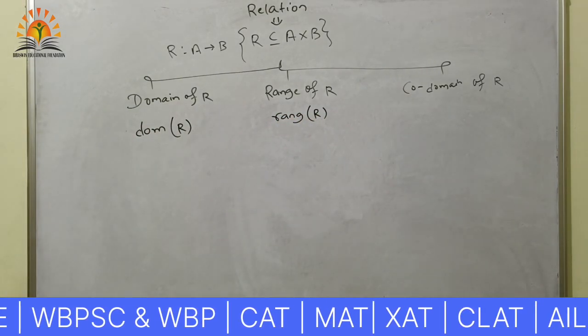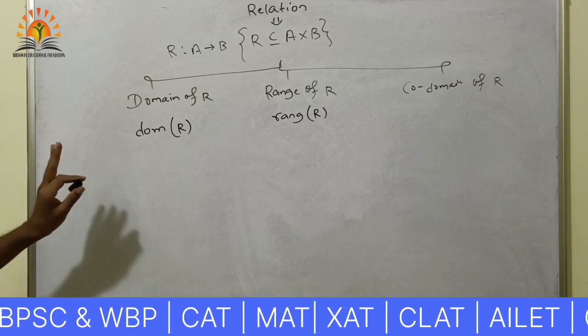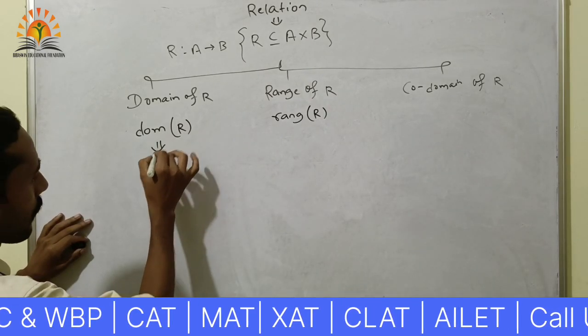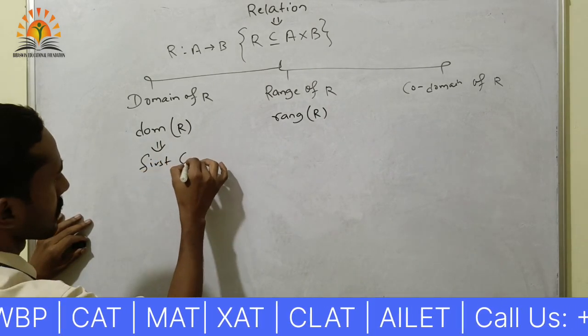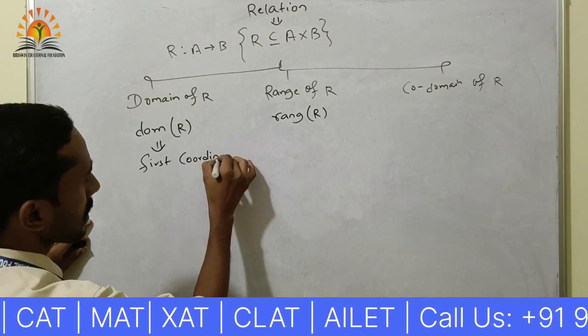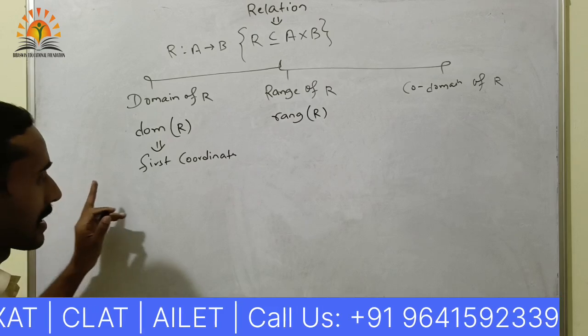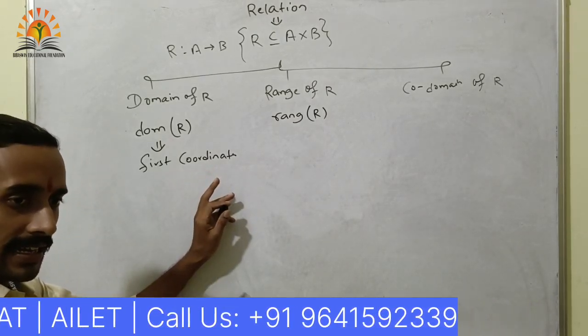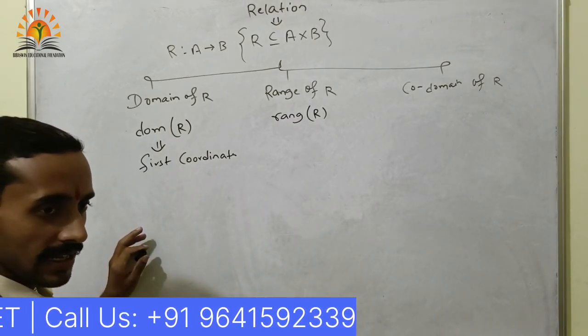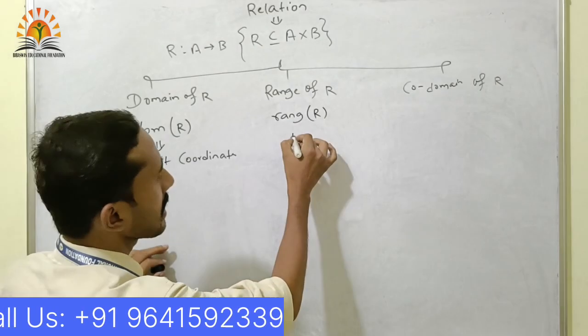Clear? What is the domain here? The first coordinate. First coordinate means the whole of set A, and it is called the domain.